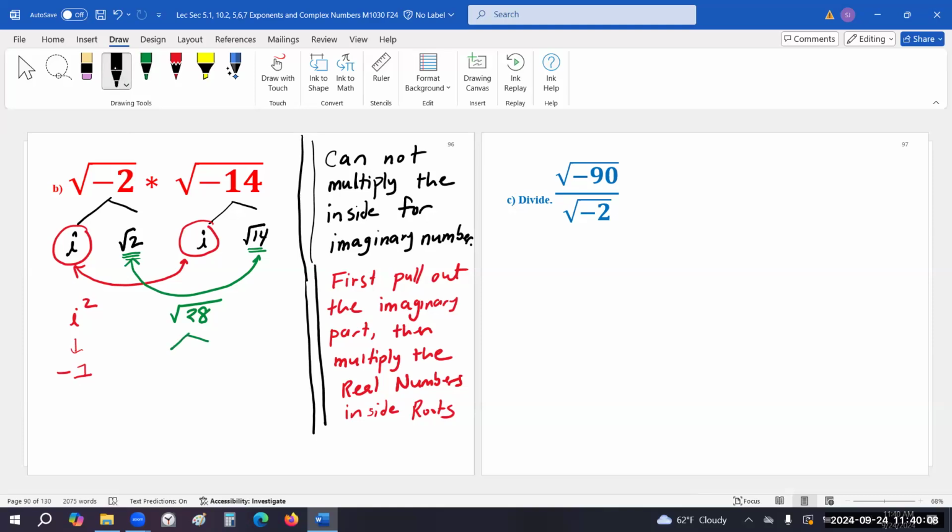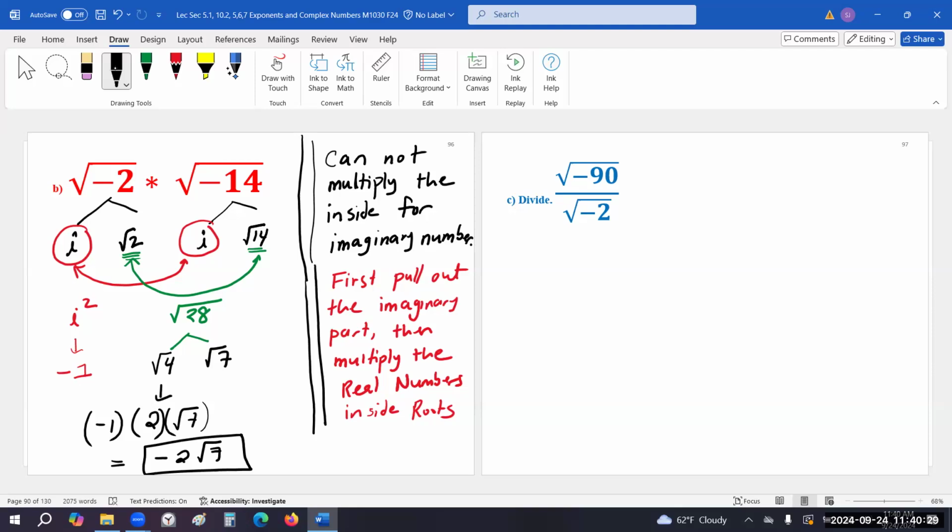But we can simplify 28. 4 and 7. Square root of 4, square root of 7. What is square root of 4? So you have 2 times negative 1 times square root of 7. Negative 2 square root of 7.